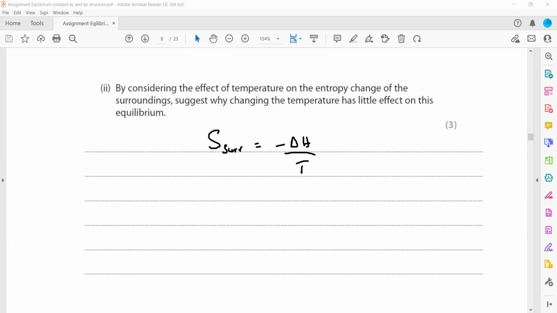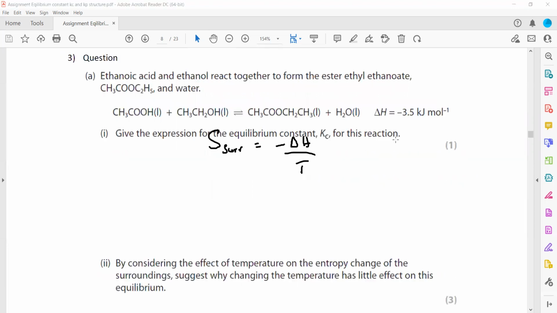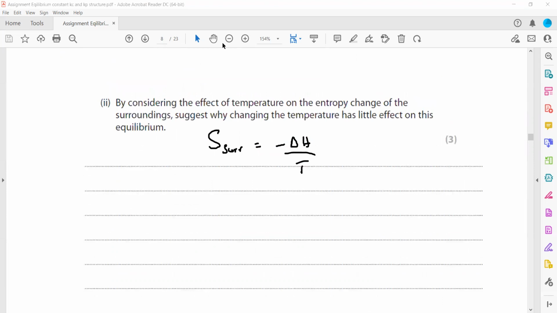So for the enthalpy change, you can see here the value of delta H is minus 3.5 kilojoules per mole, which is very small. So minus delta H, which is minus 3.5, divided by temperature. This value is very small, so if we change the temperature, a very small value divided by a large value does not make too much difference.